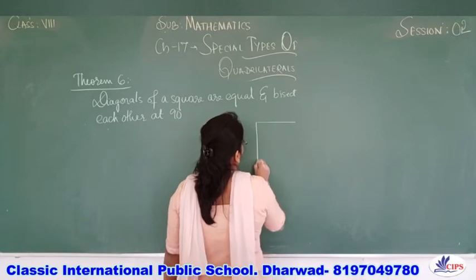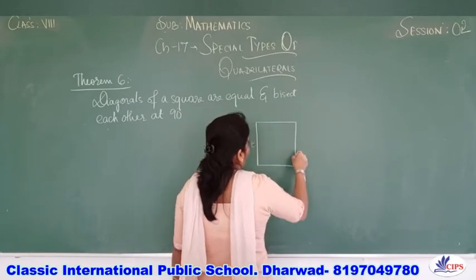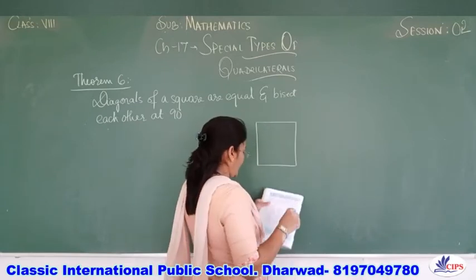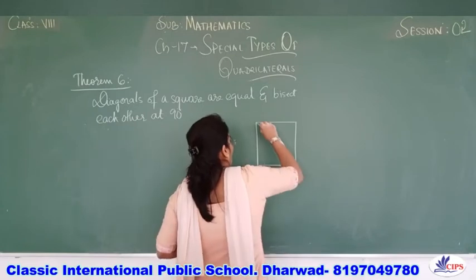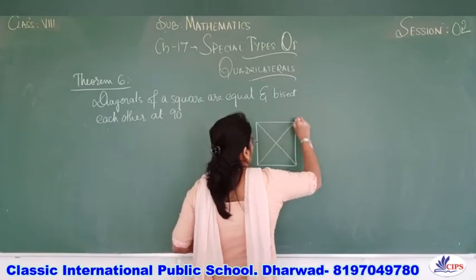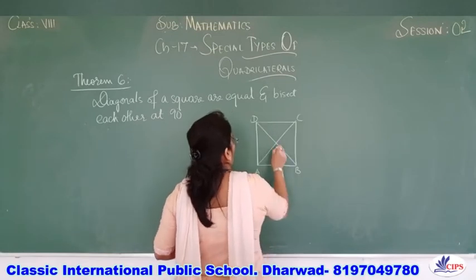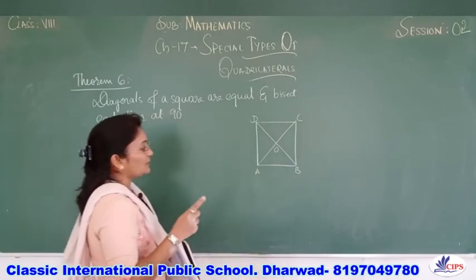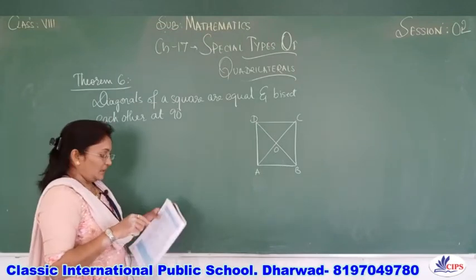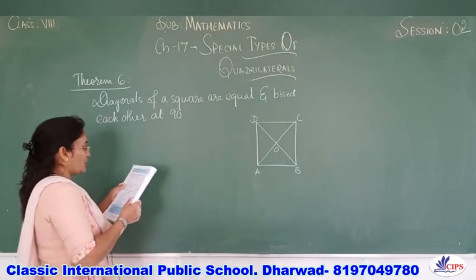So let us draw a square. You are very familiar with a square, isn't it? Here all the sides will be equal in a square, and now we have two diagonals. I'll name it A, B, C, D, and they are meeting at O. So the diagonals AC and BD are meeting at point O. What is given?